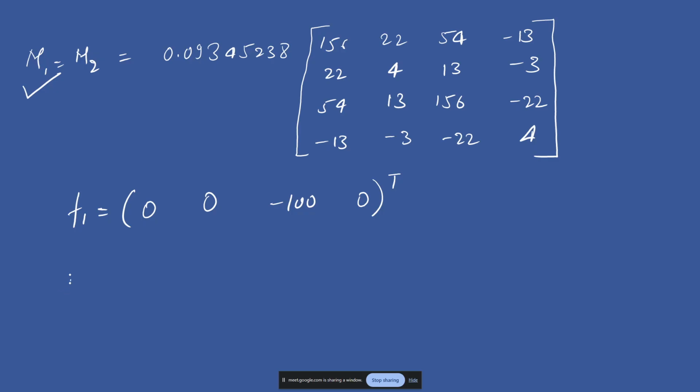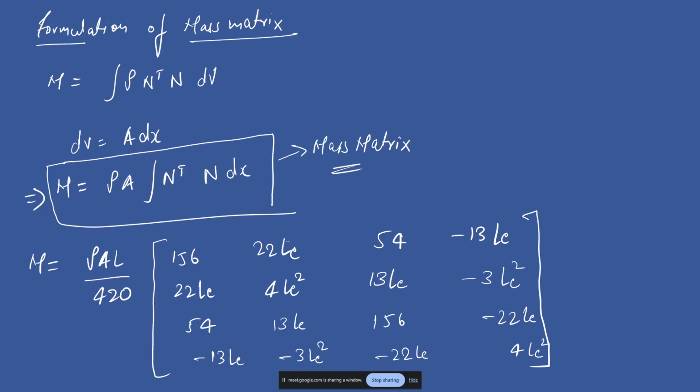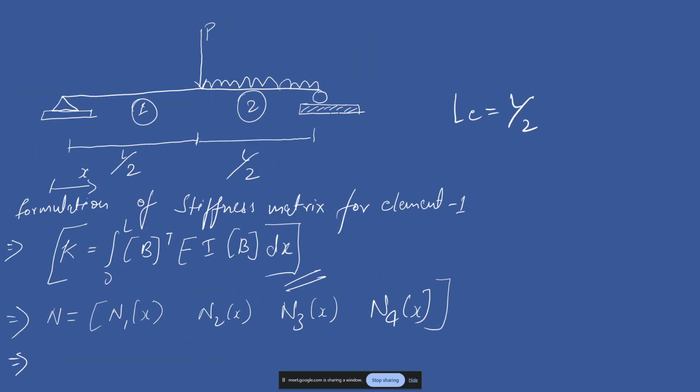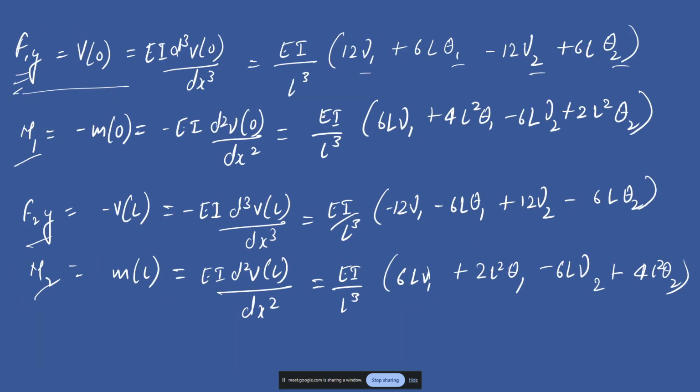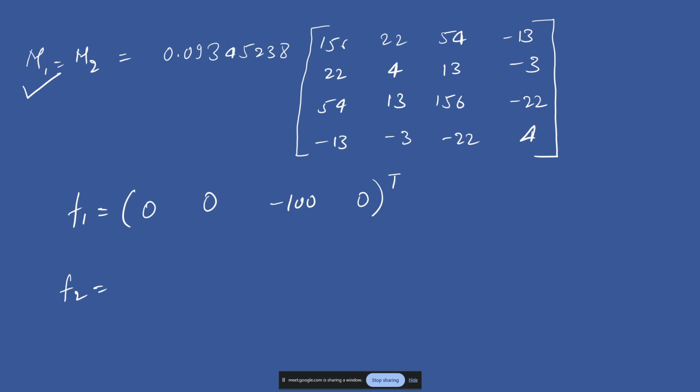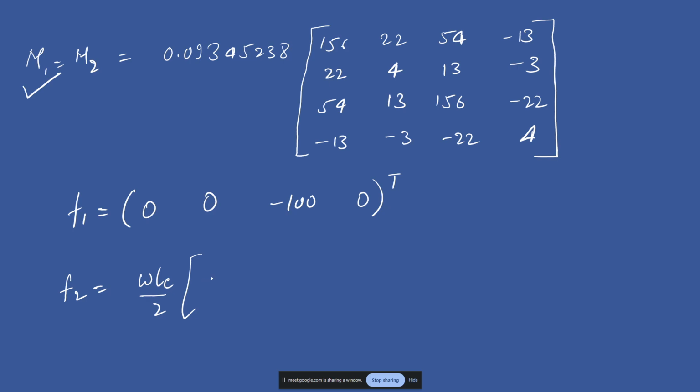In a similar way, the fixed end moment for the second part, when your beam is subjected to the UDL, is given by WL by 2, L by 6, W L by 2, minus L by 6.